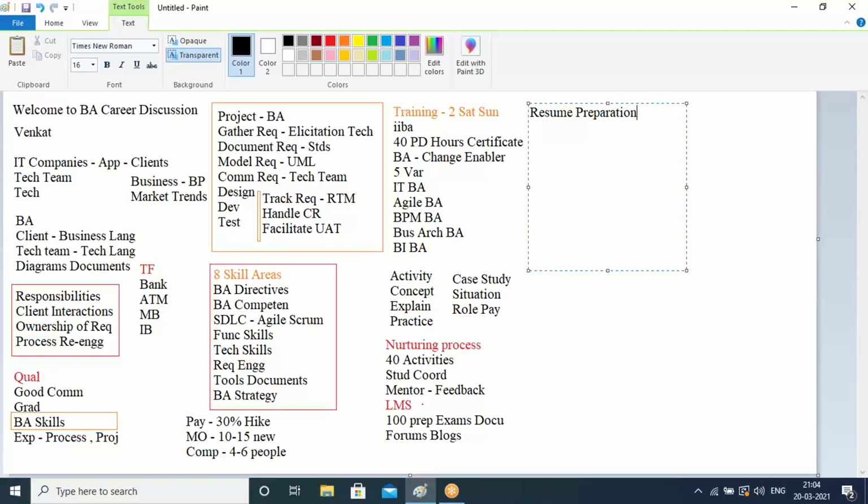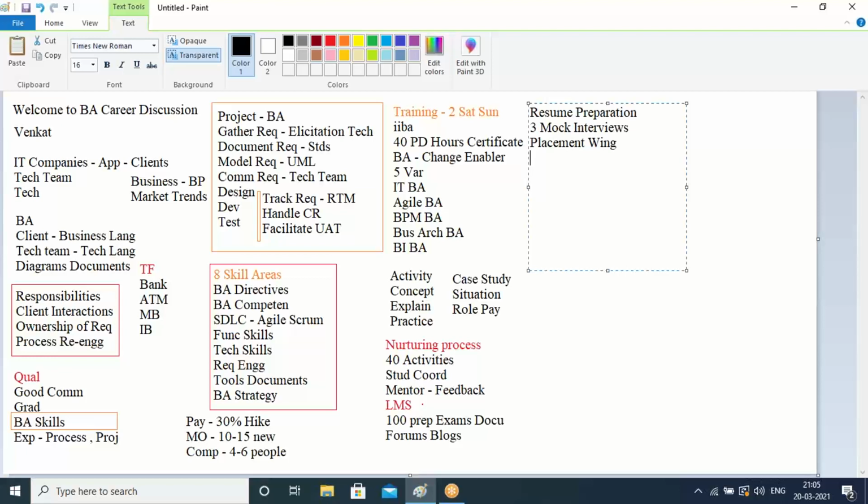Once the resume preparation is done, we conduct 3 levels of mock interviews to ensure that you speak the same language that is there in the profile. After that, we forward your resume to the placement wing, where they start projecting you to multiple companies or clients.